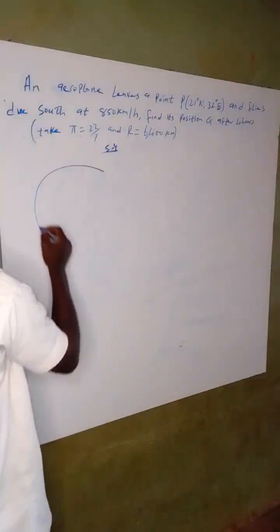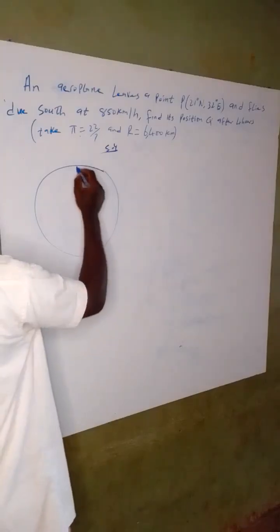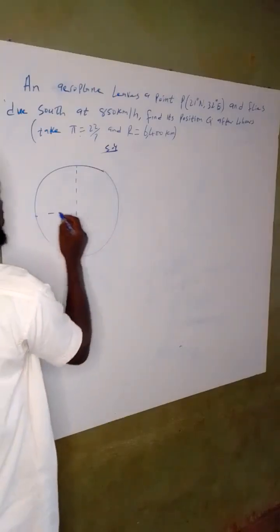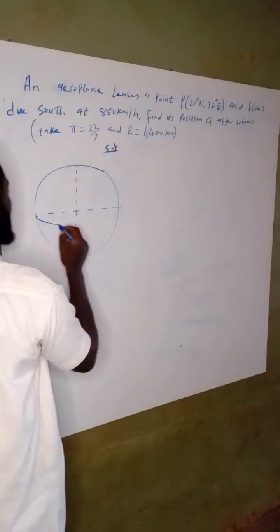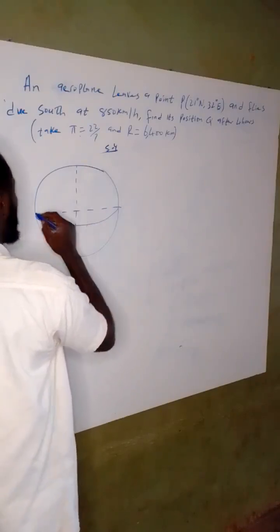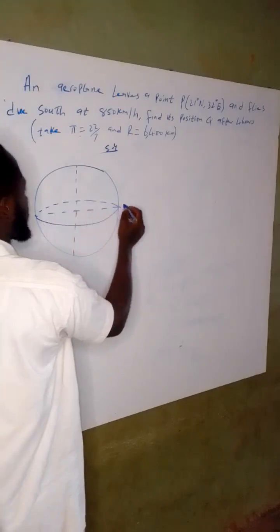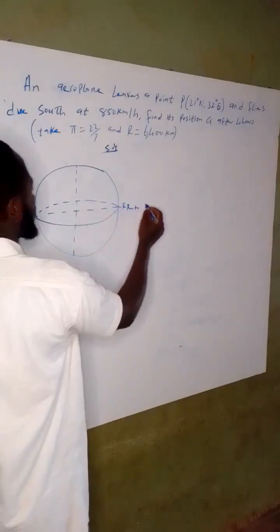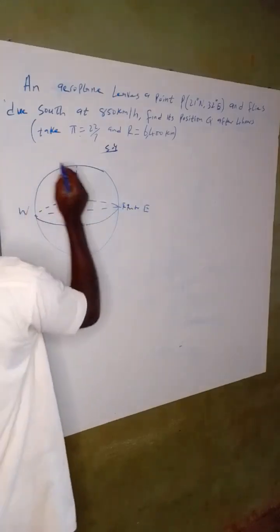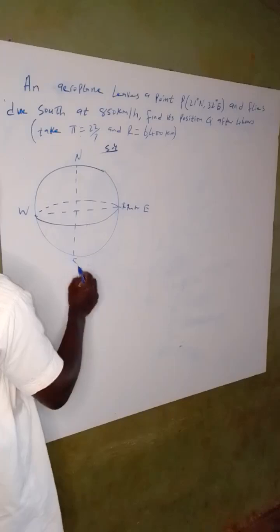If this is the shape of the earth's surface, this is the axis of the earth. If this is the equator of the earth's surface, these are the eastern part, western part, northern part, and southern part.